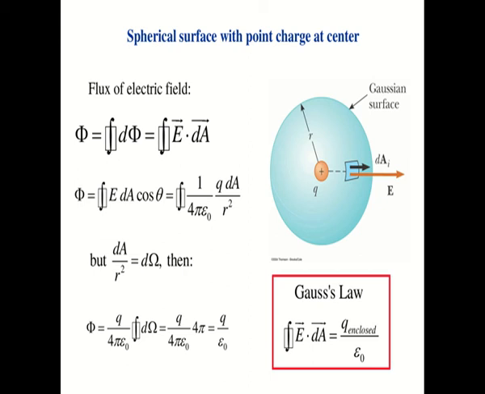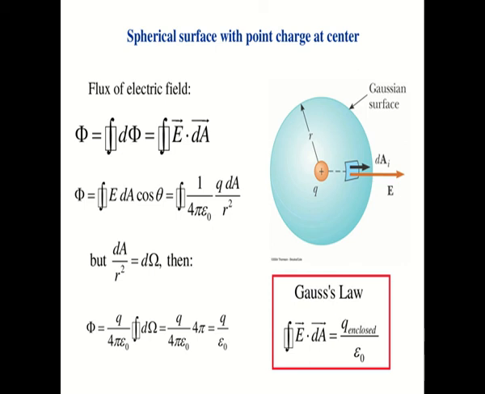We can find out the flux of the electric field of this charge. So phi is equal to integration of d phi. d phi means small electric flux for small area, which is given in this figure. So integration of vector E into vector dA. Now we write the magnitude of the flux as E into dA cos theta.